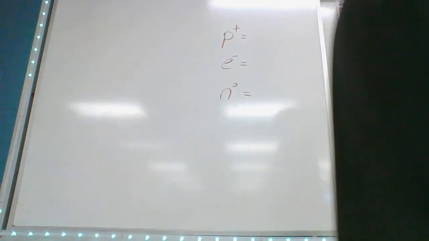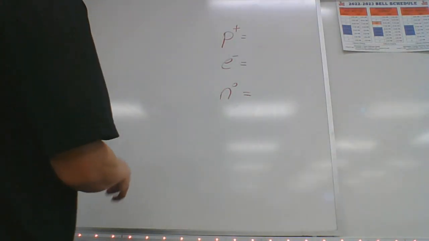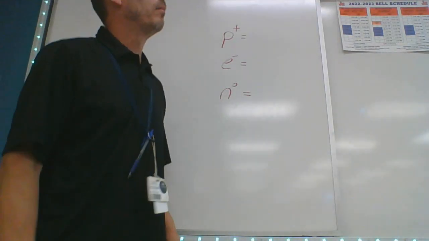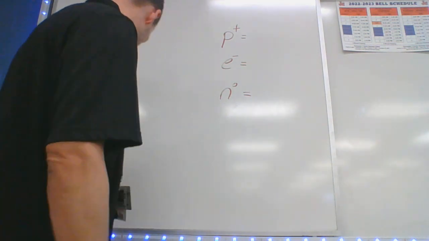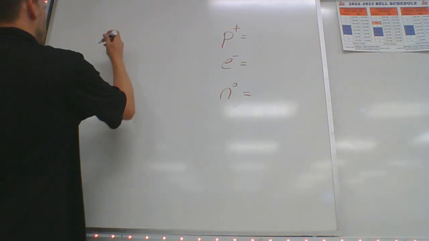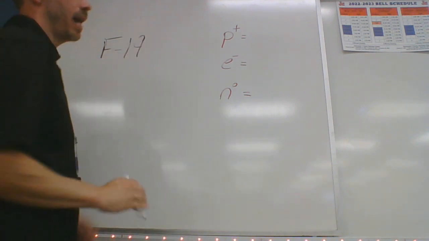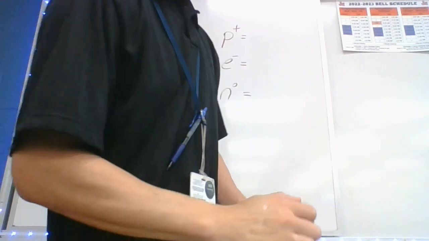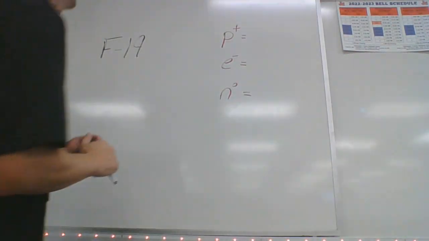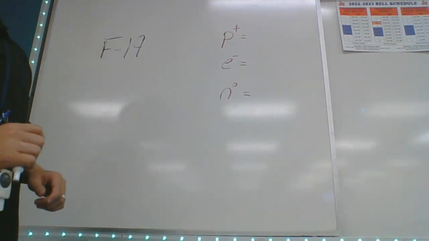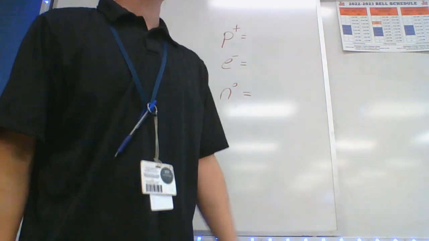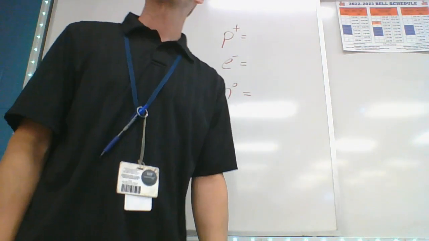All right, let's take a look here. Ooh, F19 and writing that's probably way too bright. What element is that? Yeah, fluorine. All right, let's see what we want to do to it. See, this is called modifying atoms. Let's do some stuff to him. Fluorine 19, it says we want to remove a proton and add 3 neutrons.